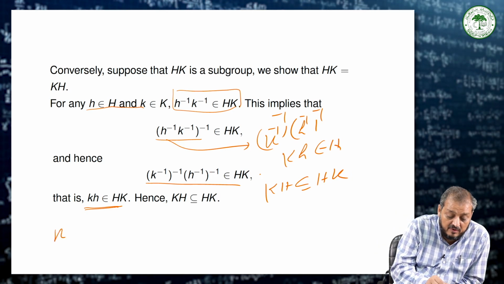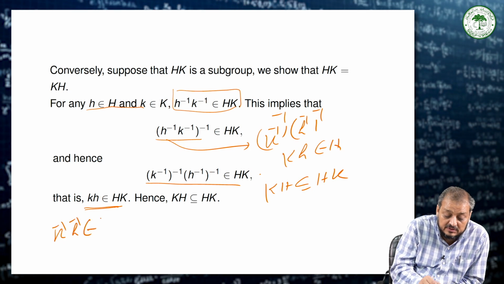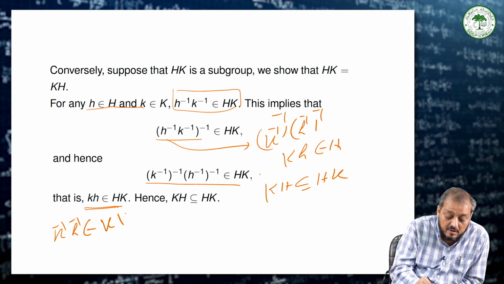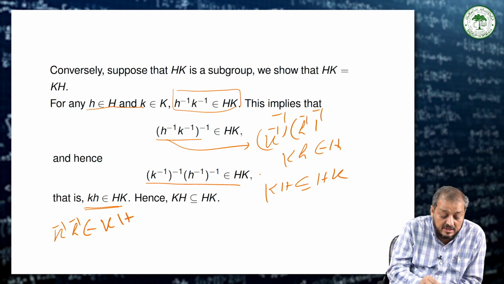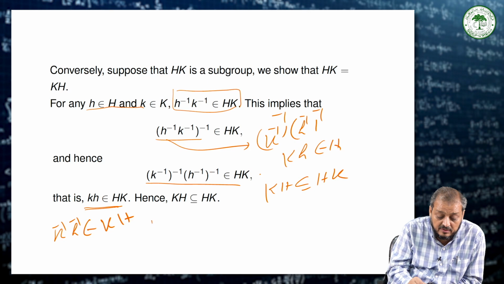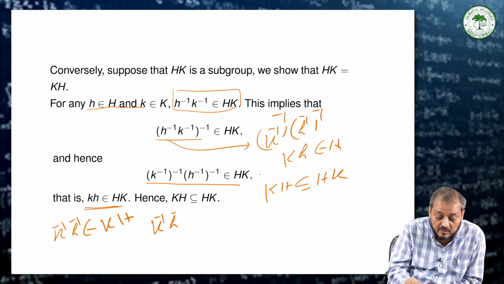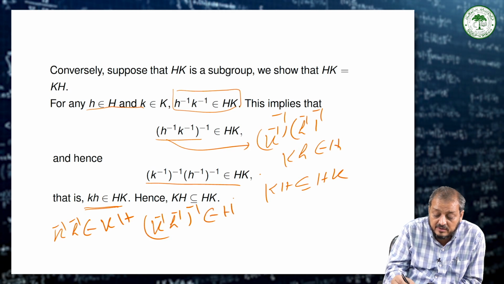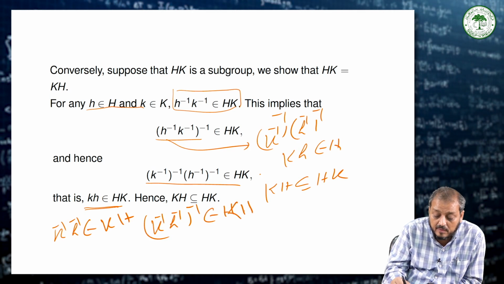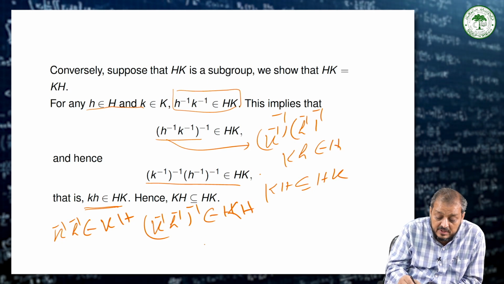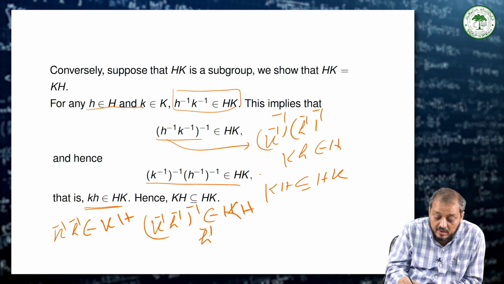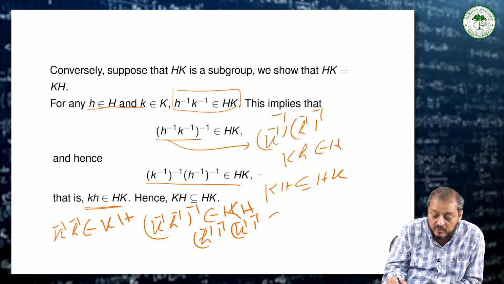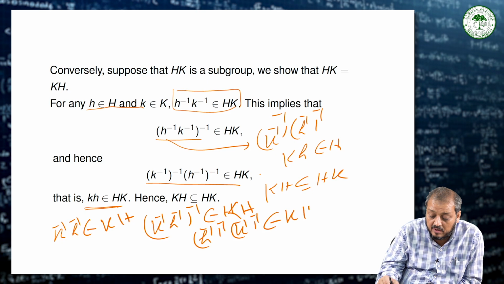Similarly, we take k inverse h inverse, an element of KH, and then the whole inverse is also an element of KH. If we open this, we have h inverse inverse and k inverse inverse, which is also an element of KH.